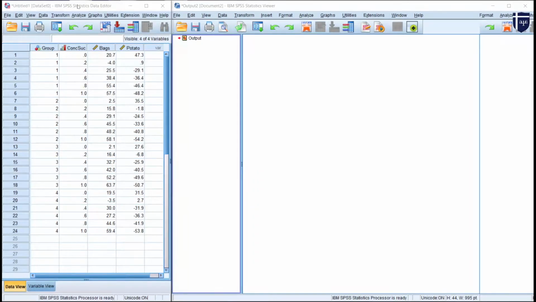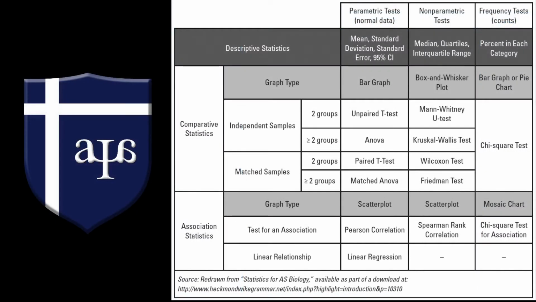So again, to run a parametric test, anything in this column here, you need to have normal data. That's rule number one, and the variances in the data cannot be significantly different from each other. They have to be about the same.